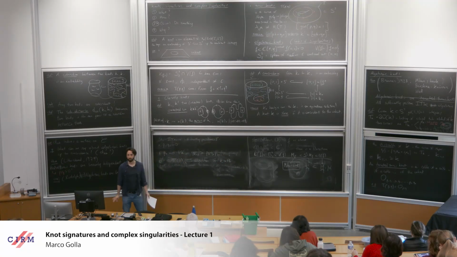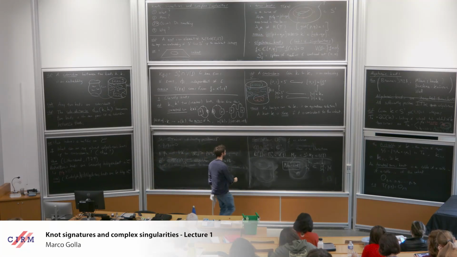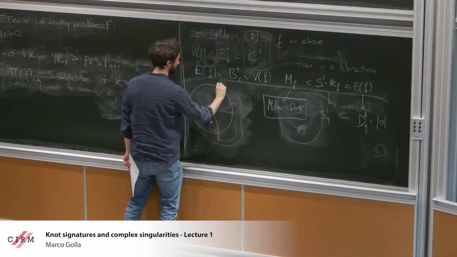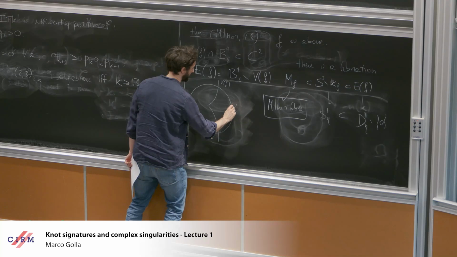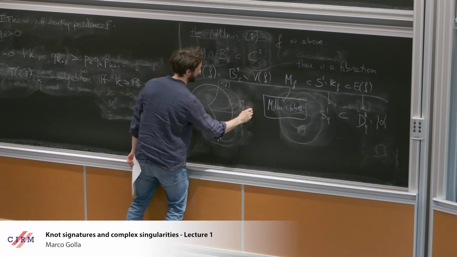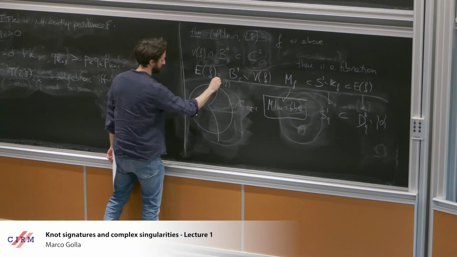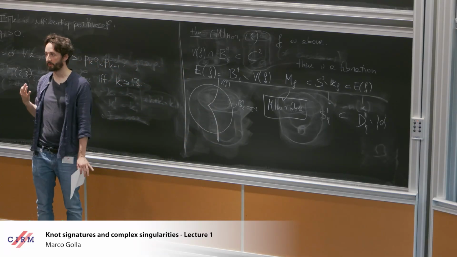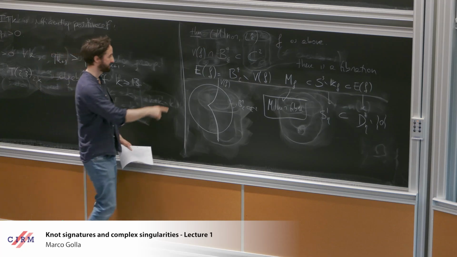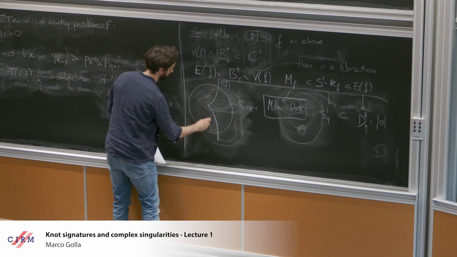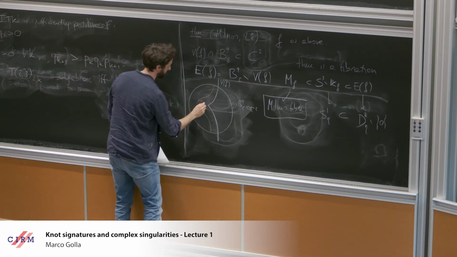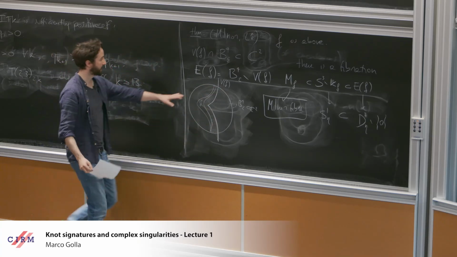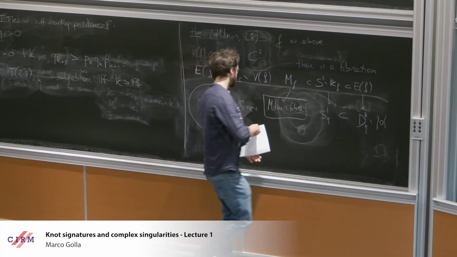What am I saying? I'm saying that I have my function f. This is a 4-ball of radius epsilon in C2. This is the zero set of f. If I remove the zero set of f, I have a fibration by objects that are somehow close to my zero set, but they are surfaces.